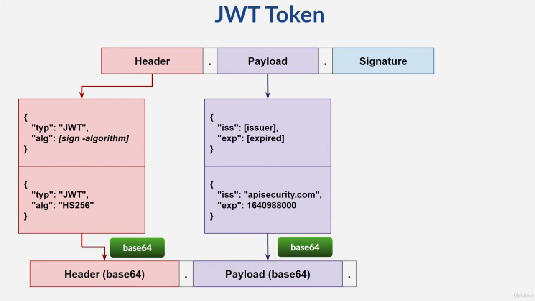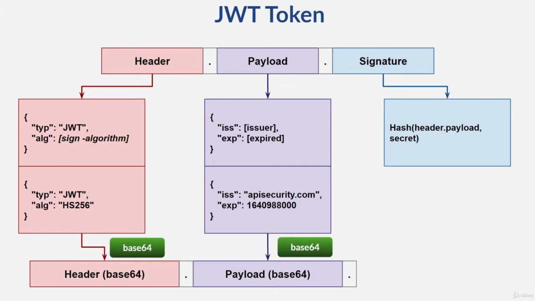In the signature, the third component, we have the first 2 parts of the JWT, which are the base64 encode of the header and the base64 encode of the payload, with a dot to separate them. This component is hashed using the algorithm in the header part and encrypted using a secret key for a specific consumer.